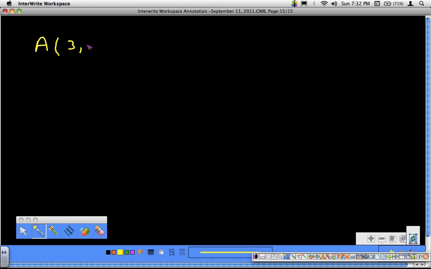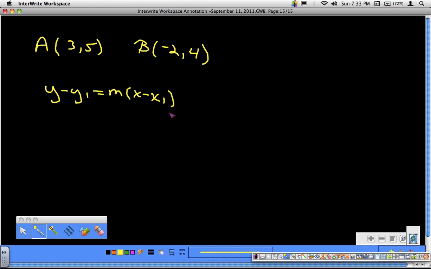Point B, we'll put at negative 2, 4. So again, if we're going to substitute into our point slope form, y minus y1 equals m times x minus x1. Right now, I don't have my value for m. So we have to do a little side work here and find our slope.